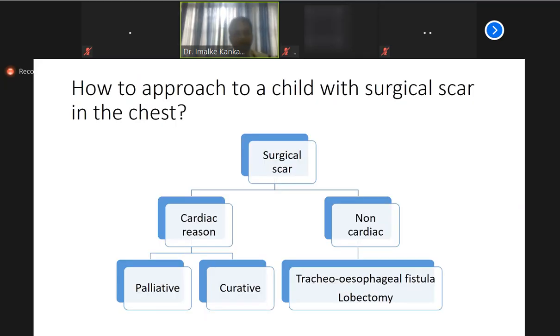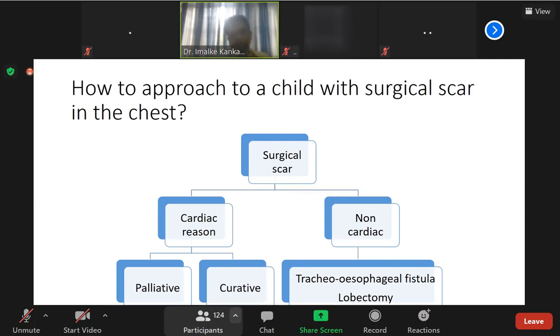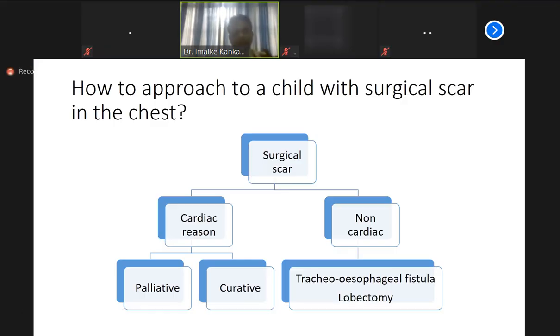Now, this will be a common kind of case for you all because nowadays children get early heart surgery compared to probably 20-30 years ago. So this is how I look at a child with a surgical scar in the chest.